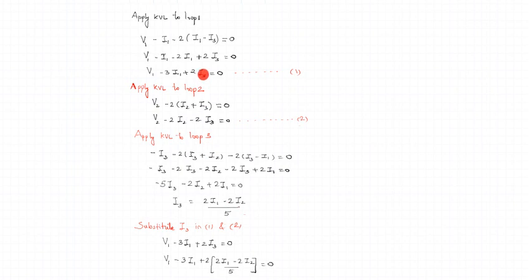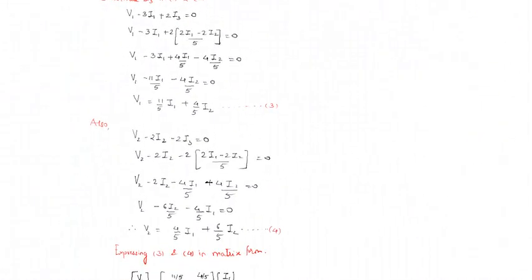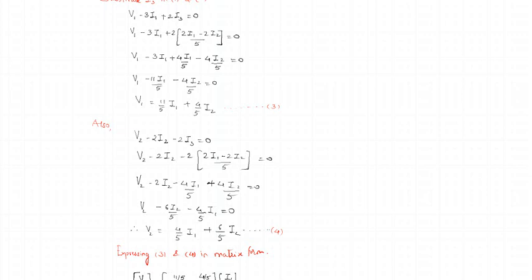We substitute I3 in equation 1 and in equation 2, and after simplifying, we obtain equation number 3 and equation number 4: V1 expressed in terms of I1 and I2, and V2 expressed in terms of I1 and I2.